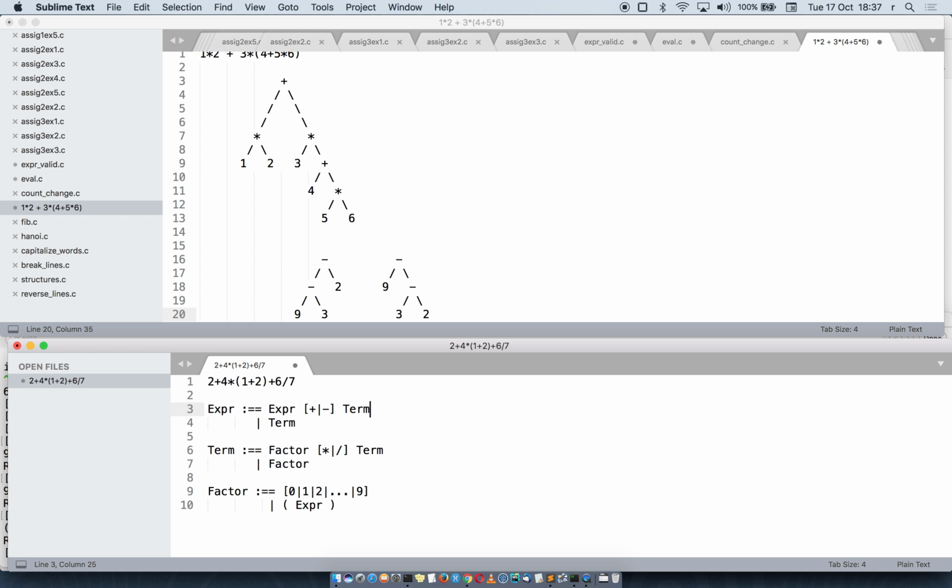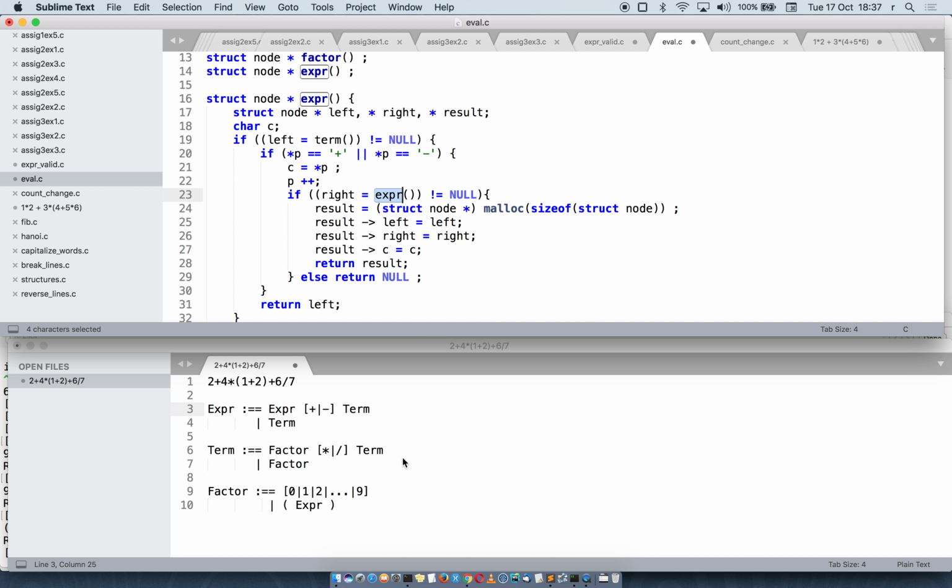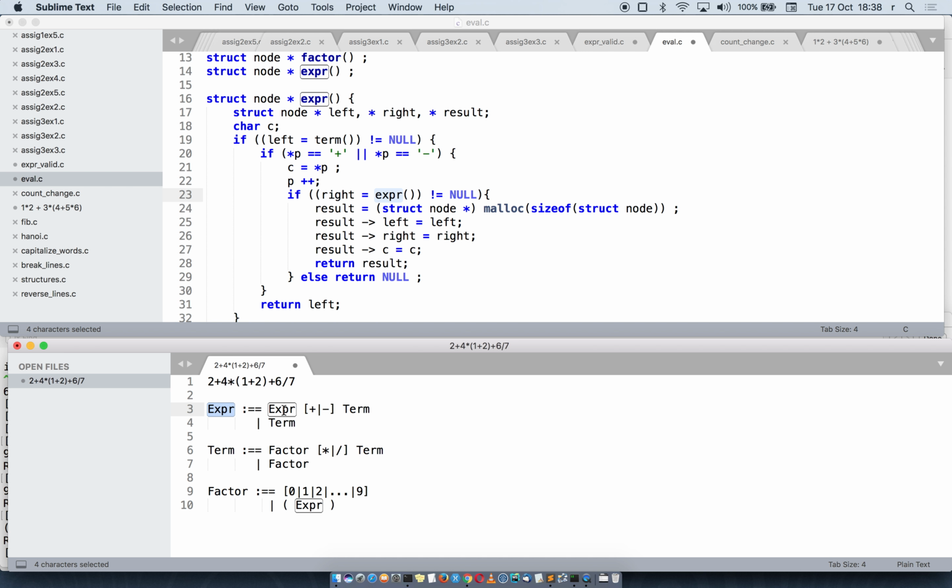But if we start from this grammar, we need a different method of implementing the parser, right? The strategy for going from grammar to code that we applied here doesn't hold anymore, because this would be a function immediately calling itself recursively, and it will go into an infinite loop, right?